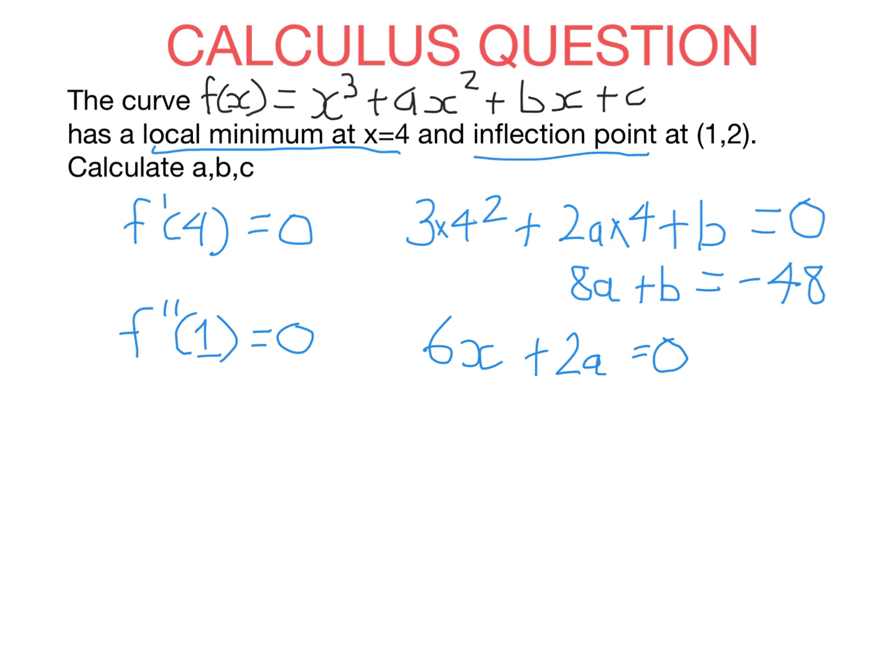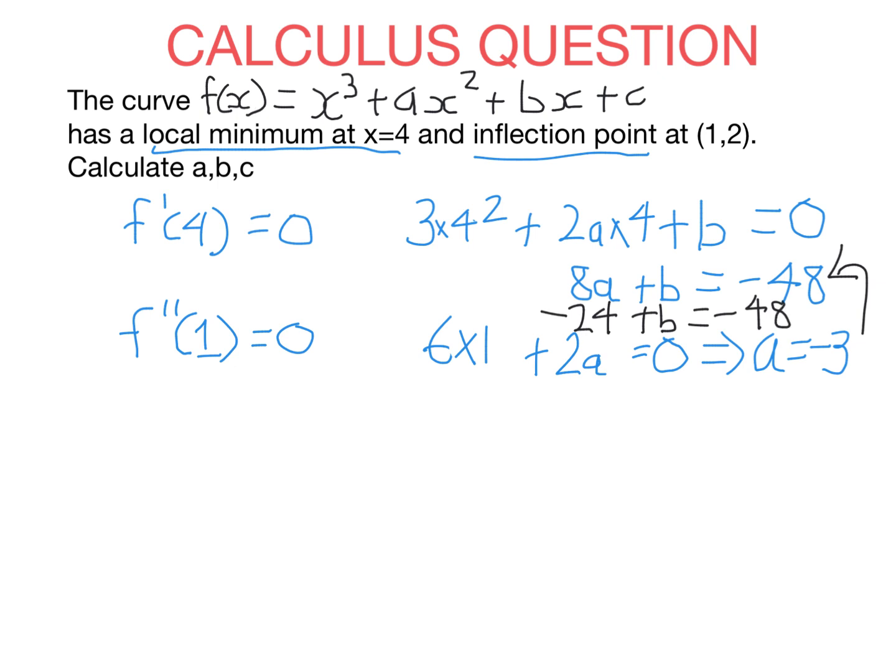Now, because x equals 1, we're going to substitute x for 1. I get 6 plus 2a equals 0. And that tells us straight away that a is equal to negative 3. So substituting that back up here, to find the value of b, I get negative 24 plus b is equal to negative 48.